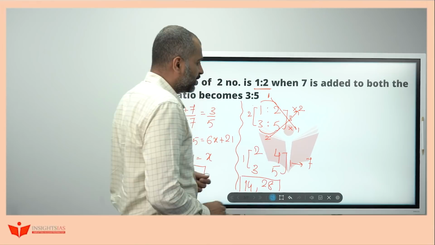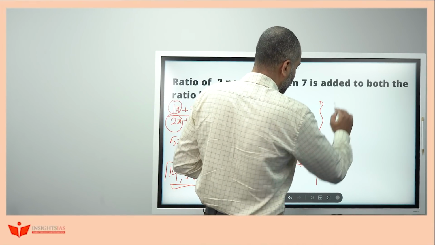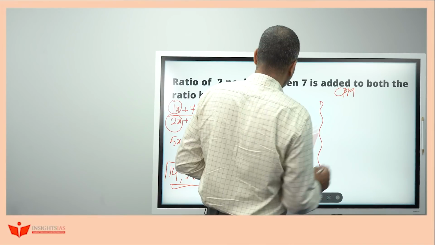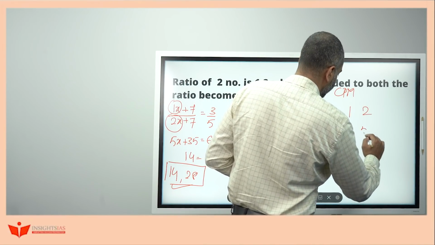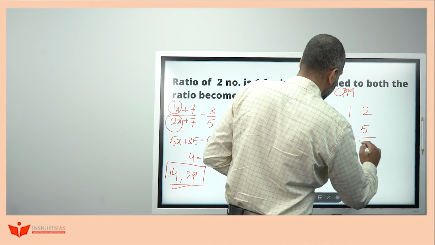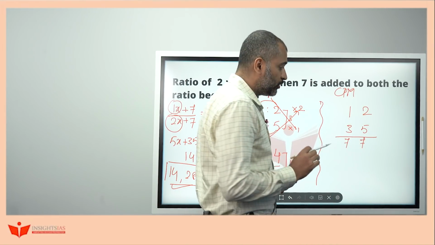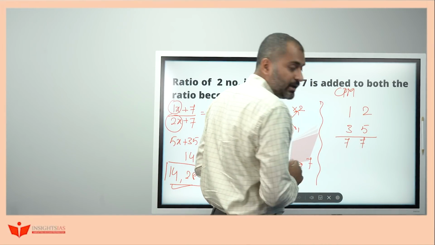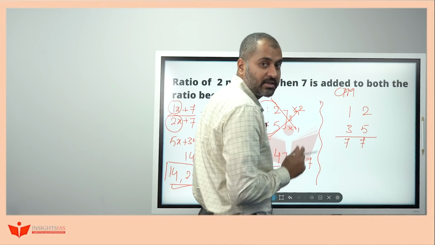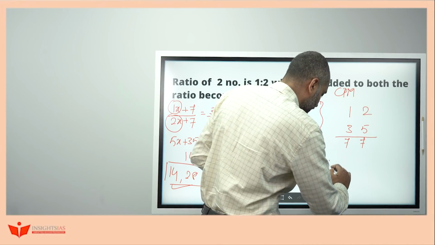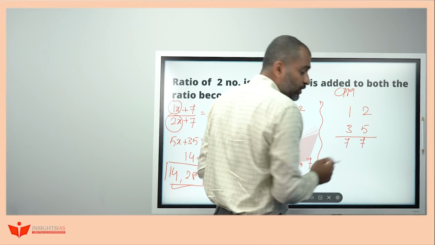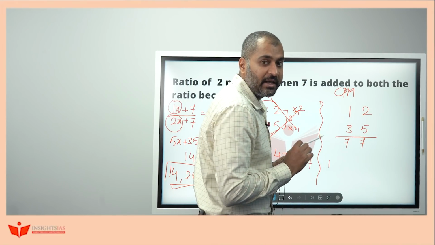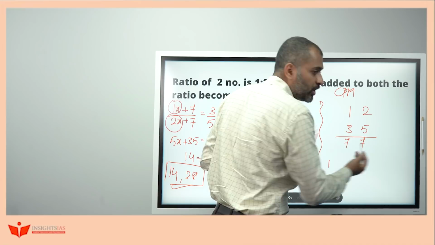Now, we will apply the CPM, cross product method. See, 1:2 became 3:5 because of the addition of 7 on both sides. I am going to do this one directly now. 5 into 1 is 5, 3 into 2 is 6. Do not subtract; take the difference here because both are on the positive side.